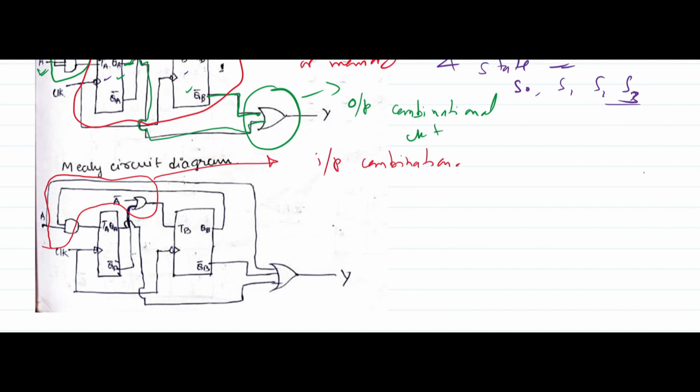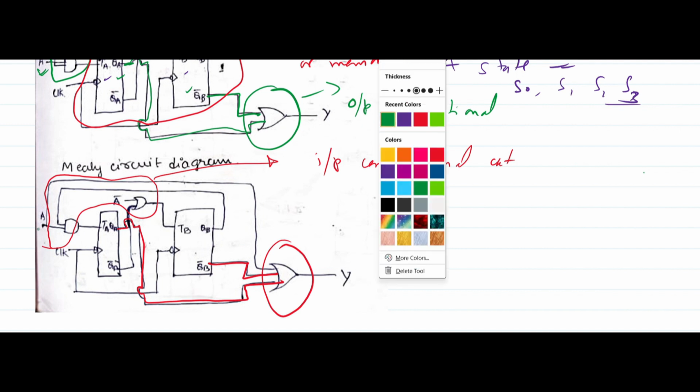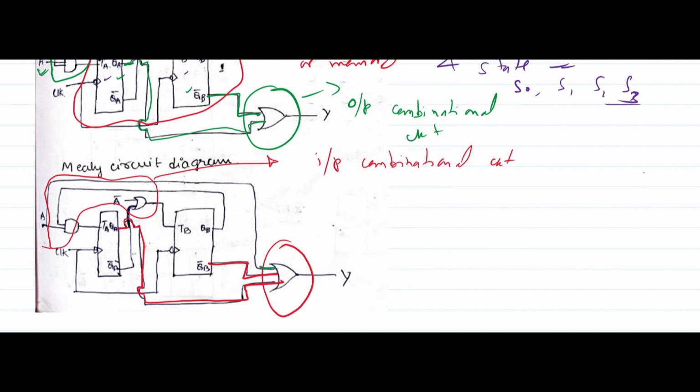The difference between the previous one and this one is that here the output Y depends on QA, QB bar, as well as on the input A. I just connected this extra line A, and A is the input.